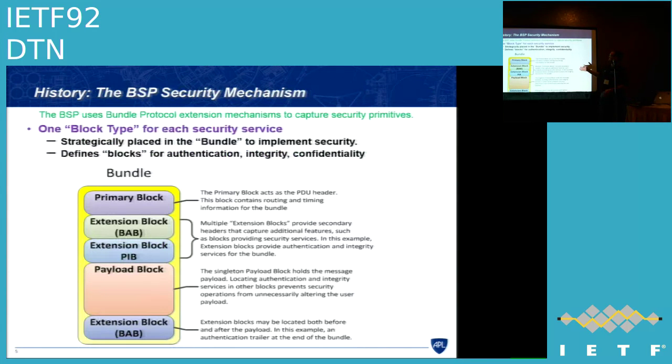And a graphical example of that is here, where you would have a bundle with a primary block, an extension block, which was a BAB, payload, and then at the bottom another extension block, and perhaps also integrity on the payload. So this is what we mean when we say that bundles would like to take their security with them. They're using the extension block mechanisms to get those secondary headers and trailers.